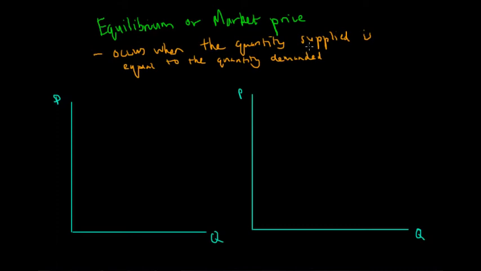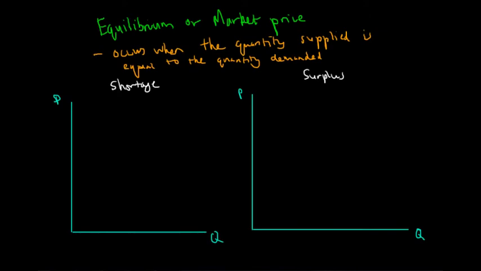And what this means is there is an efficient allocation of resources and there is no shortage or surplus in supply. So let's look at the two concepts behind how a market moves towards an equilibrium price. Firstly, we have a shortage, and secondly, we have a surplus.